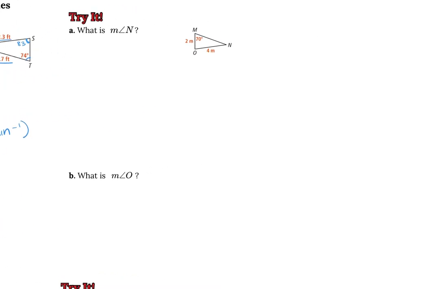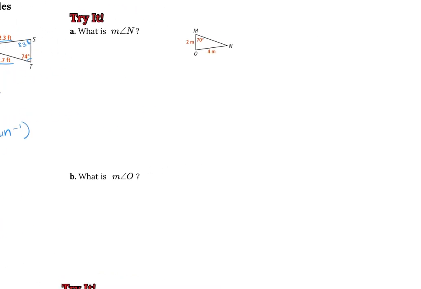Okay, your turn to try it. We want to find the measure of angle N, so we're looking for this angle right here. We have the 70 degrees and its opposite of 4, so sine of 70 over 4 would equal my sine of N over 2.